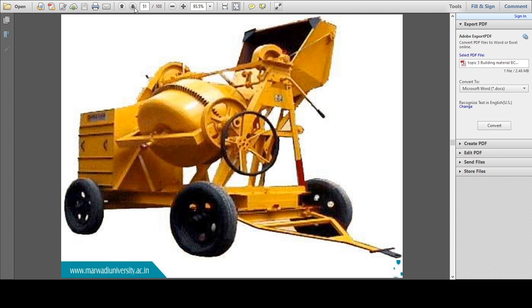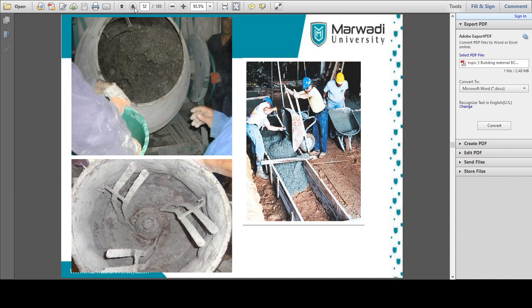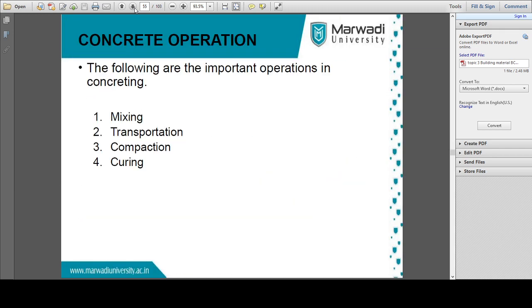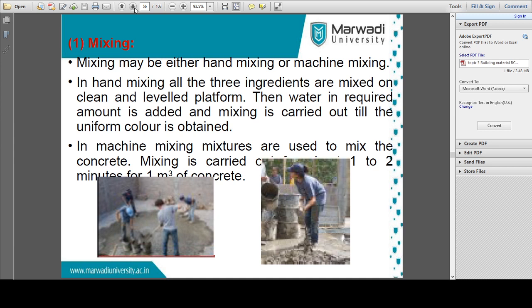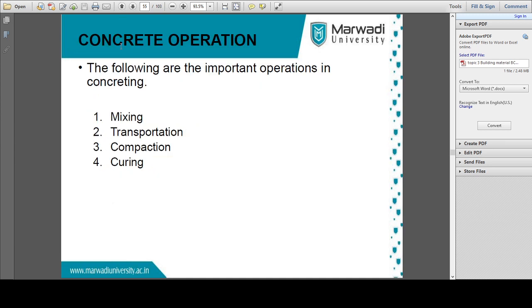This is the mixer, the instrument in which we are mixing the concrete. Whenever we are going for concrete mixing, the mixing alone is not enough.